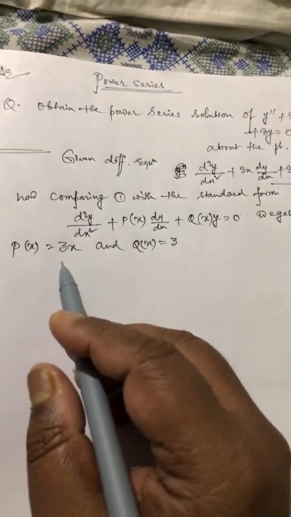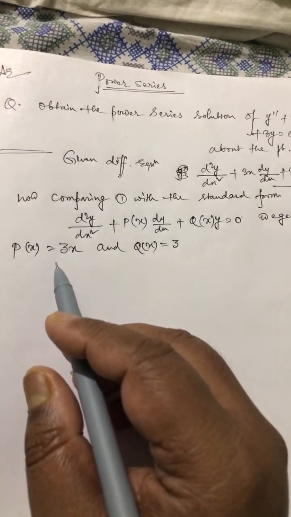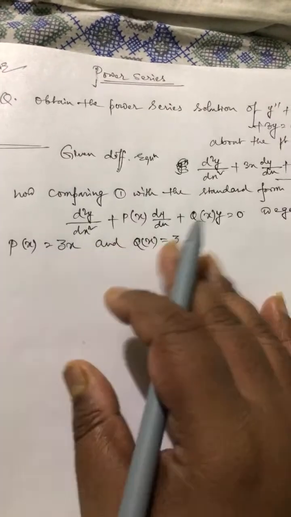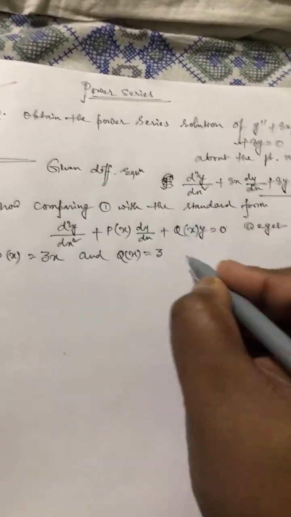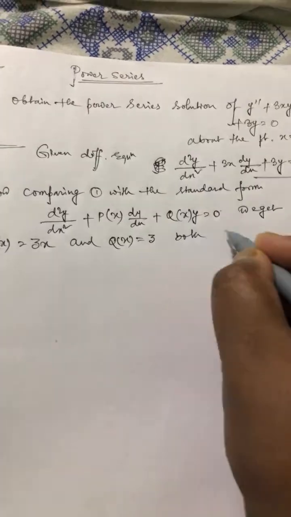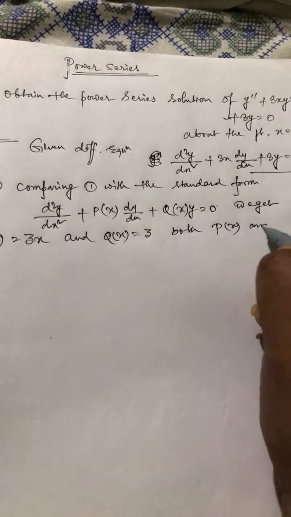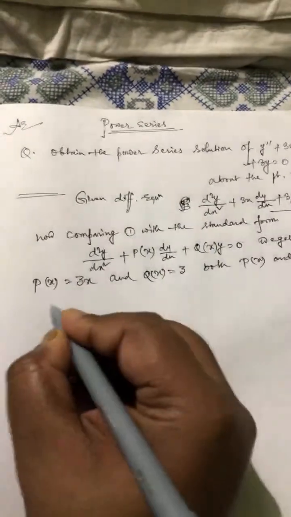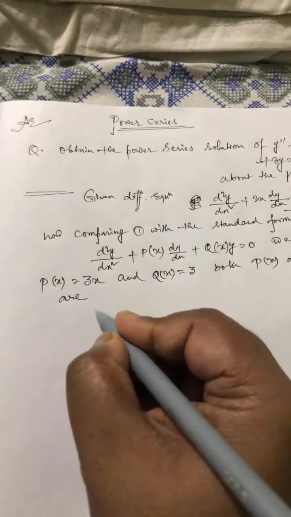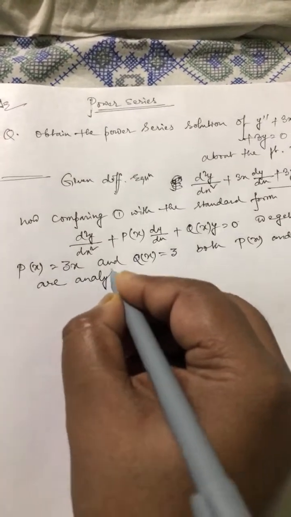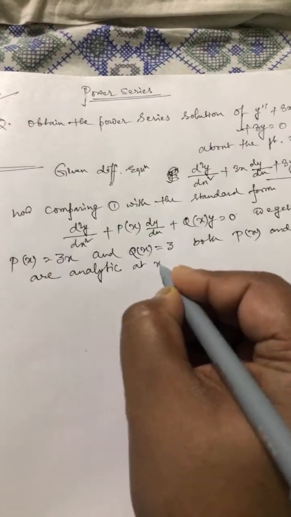Now obviously if you put x equal to 0 in place of p(x) and q(x), you can see both of them are well defined. So that means both p(x) and q(x) are analytic at x equal to 0.